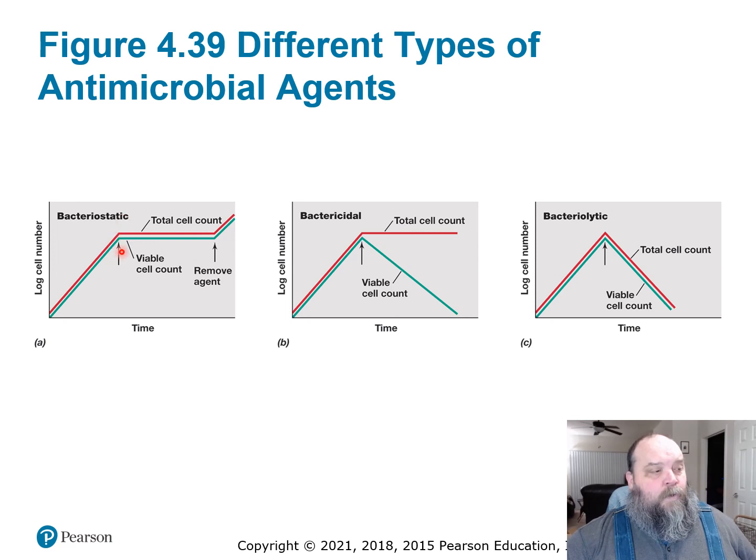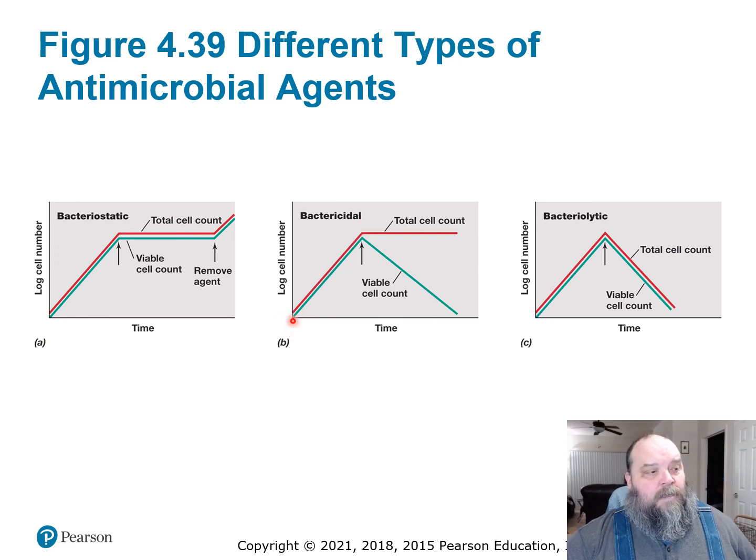At this point, you add something. Everything plateaus. Given time, when you remove that agent, numbers take off again. Notice nothing was forced to die here. Everything just maintained numbers.